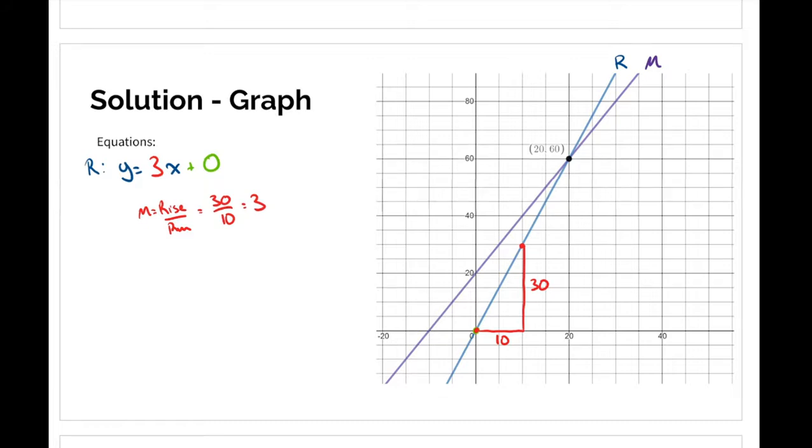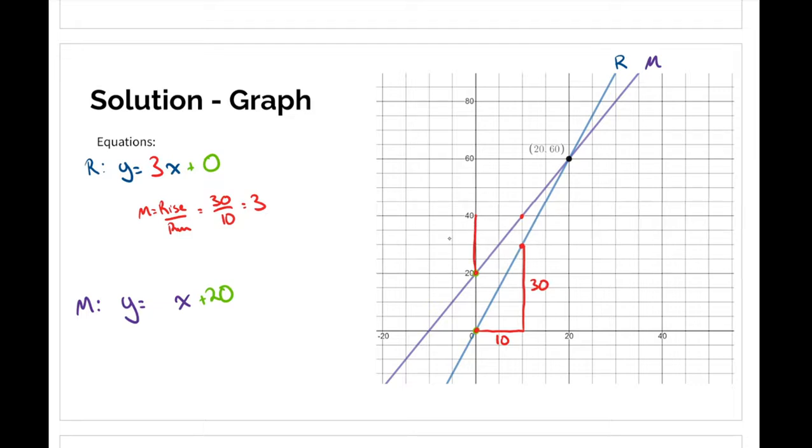For Mathemagical World, again, trying to come up with an equation, it'll be y equals something x plus or minus something else. Again, we can see the constant starts at 20, or the y-intercept is 20. And again, we can use nice points to figure out our rise over run.